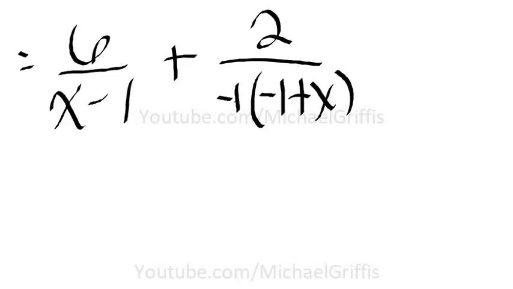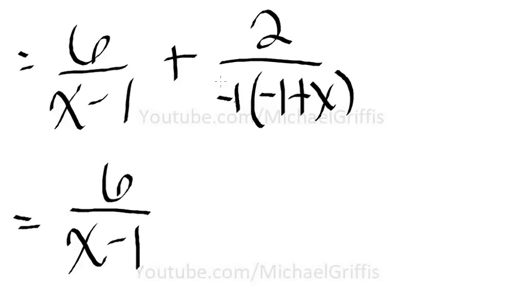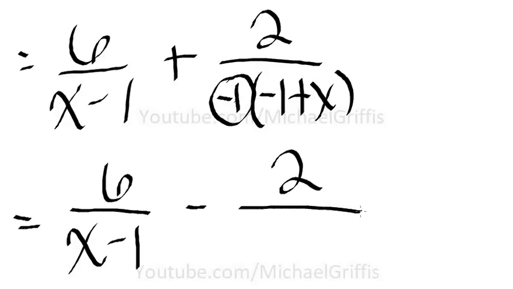Now the next trick is, you see this negative here? We're going to bring it out front. Yep, we have to do that. 2 over, and instead of writing negative 1 plus x, we're going to write x minus 1. We're just going to shuffle those around.